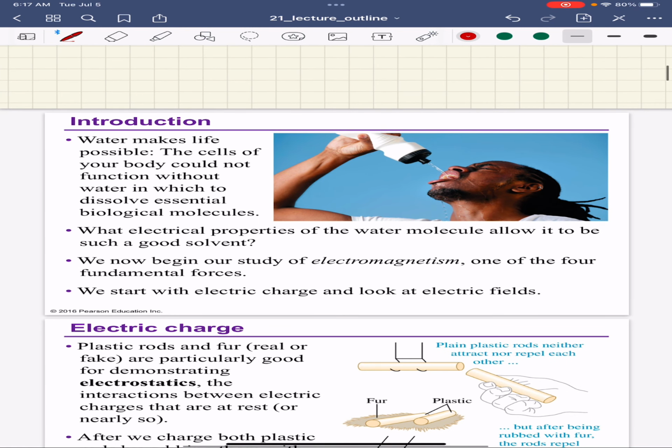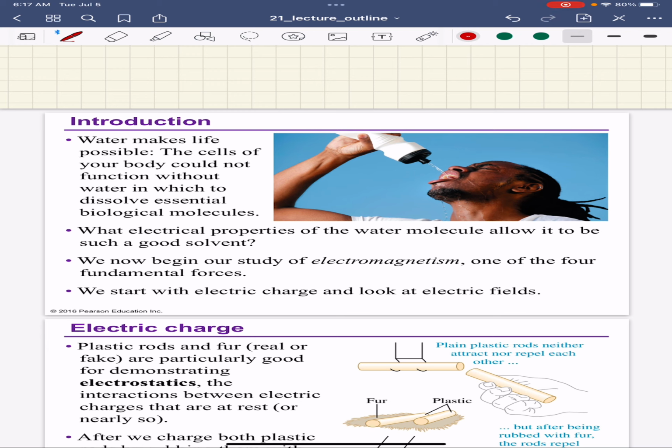Mostly this course is about electromagnetism, and the first field that we are going to start talking about is electrostatics in this chapter. The electrostatic force is one of the four fundamental forces in nature.